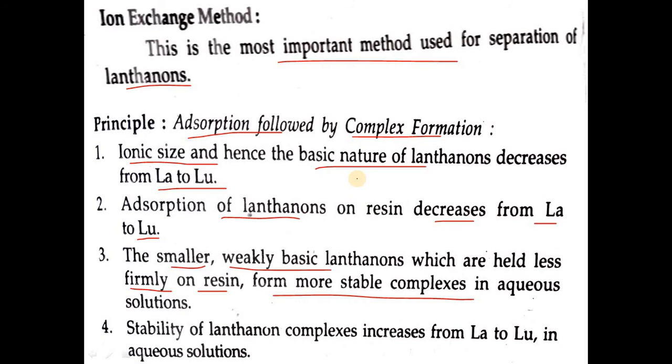Lanthanum is strongly bonded with the resin, but lutetium is weakly bonded and weakly basic, so it forms more stable complexes in aqueous solution. So the stability of lanthanide complexes increases from lanthanum to lutetium in aqueous solution. This is the principle of the ion exchange method.